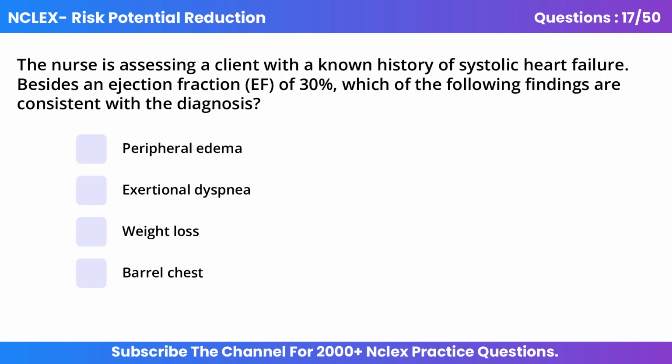Question 17. The nurse is assessing a client with a known history of systolic heart failure. Besides an ejection fraction, EF, of 30%, which of the following findings are consistent with the diagnosis? B. Exertional dyspnea.